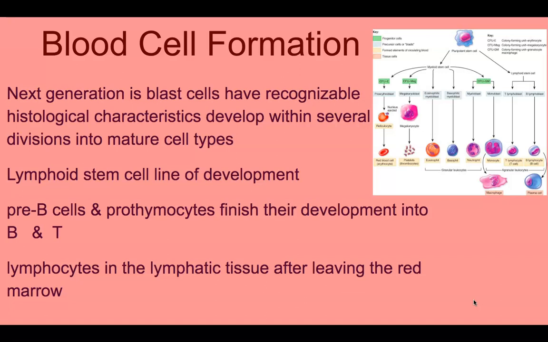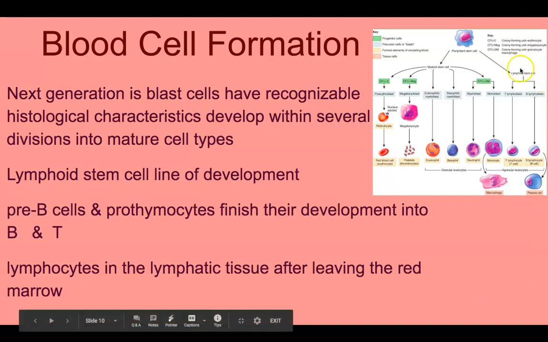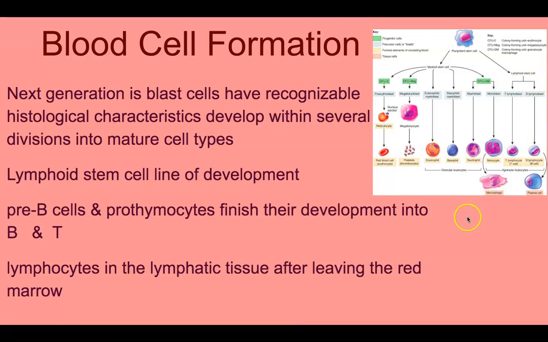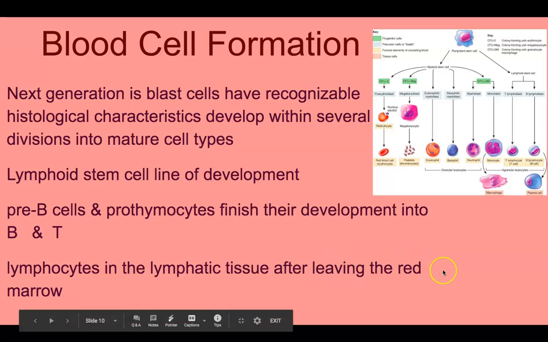The next generation is blast cells, which have recognizable histological characteristics and develop within several divisions into mature cell types. Then lymphoid cell line development starts, where pre-B cells or prothymocytes finish their development into B and T cells. These lymphocytes then go to the lymphatic tissue after leaving the red marrow.